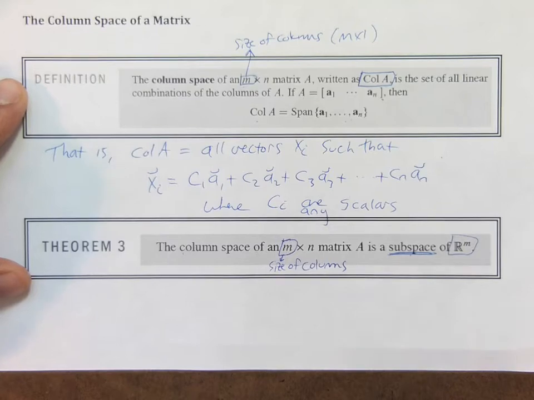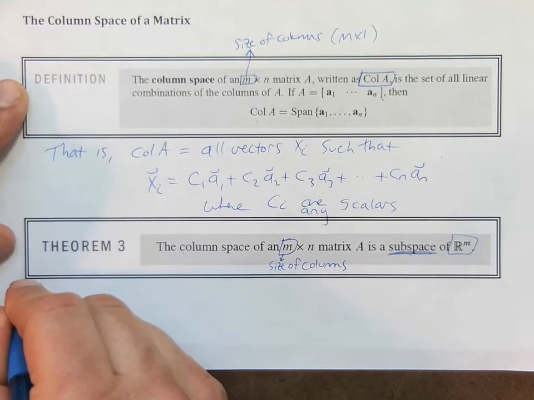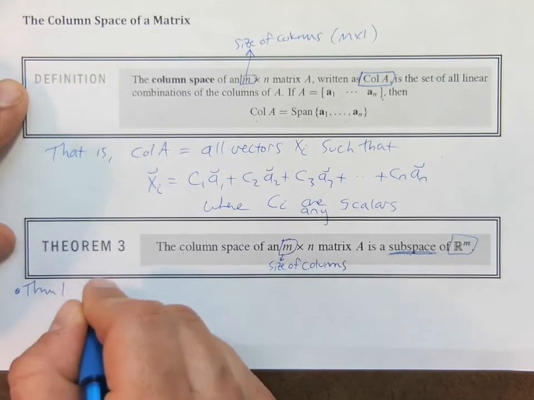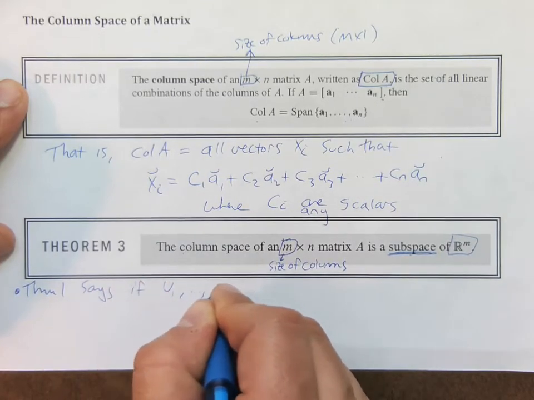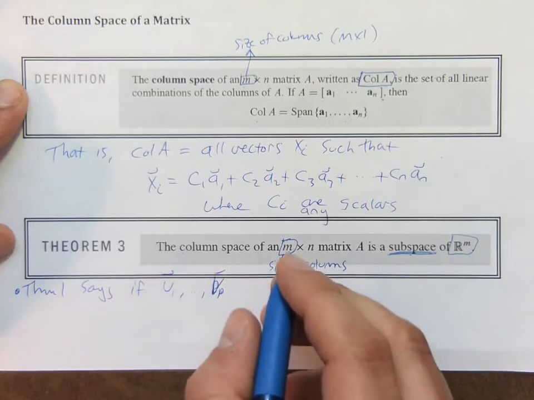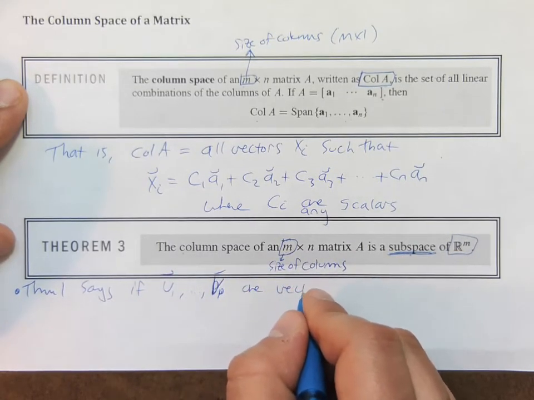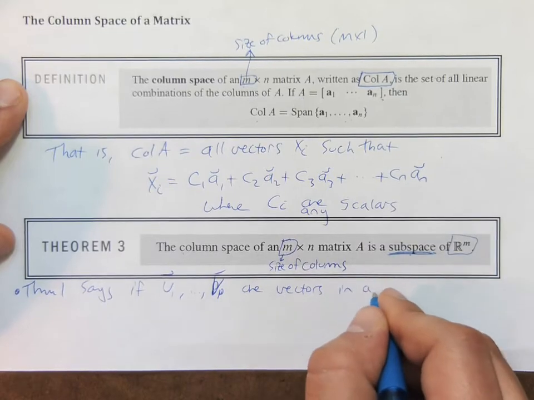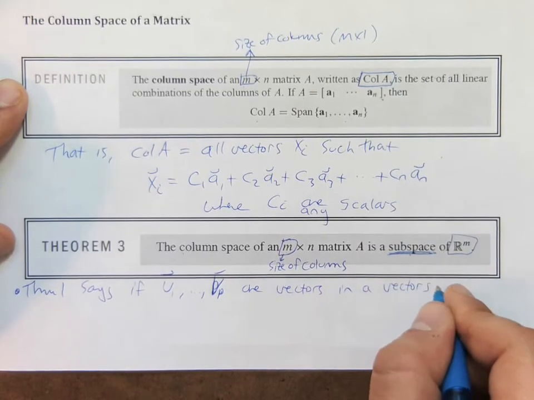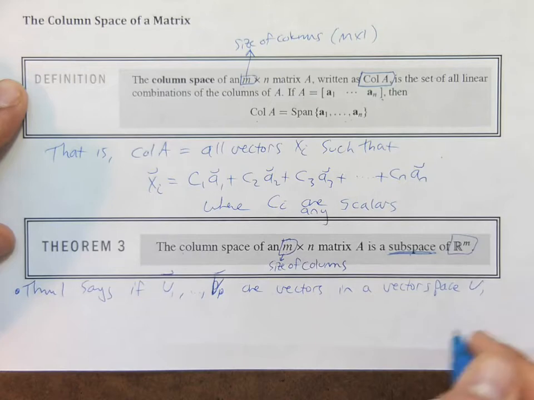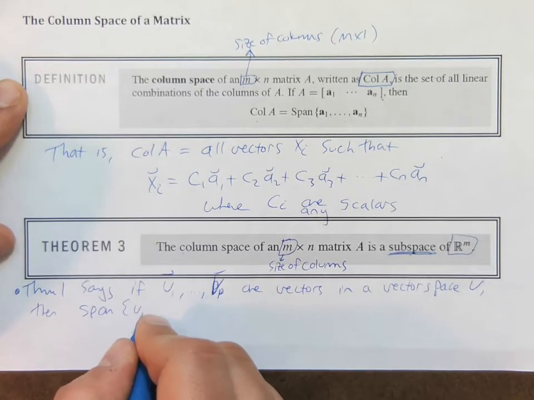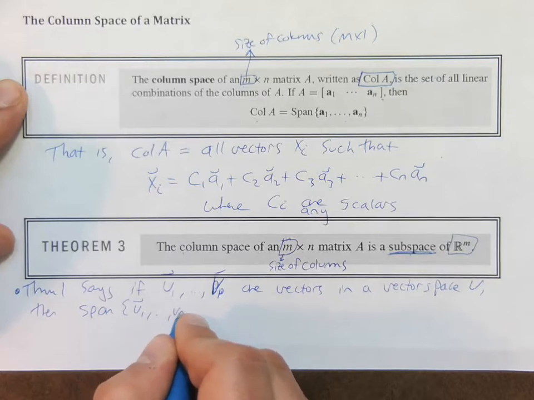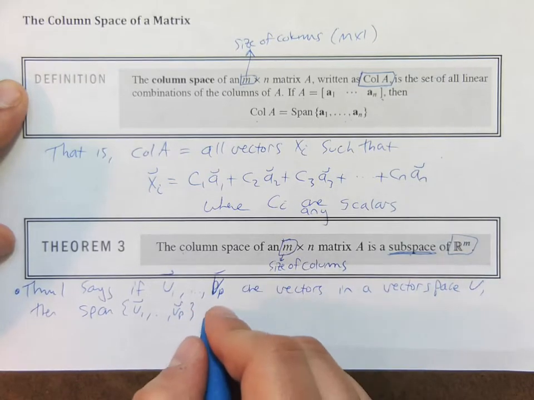So Theorem 1 says that if we have a bunch of vectors, v1 through vp, in a vector space, then the span of those vectors is a subspace. So I'm just copying down Theorem 1.